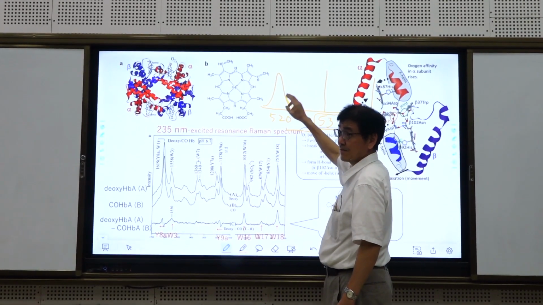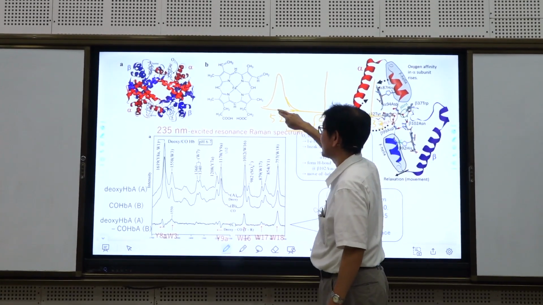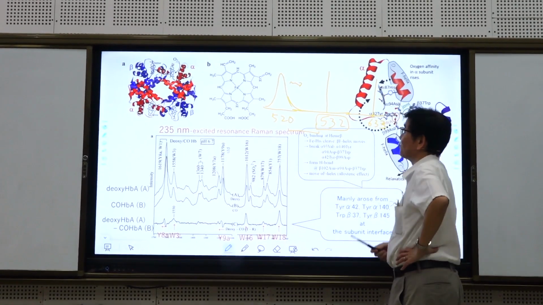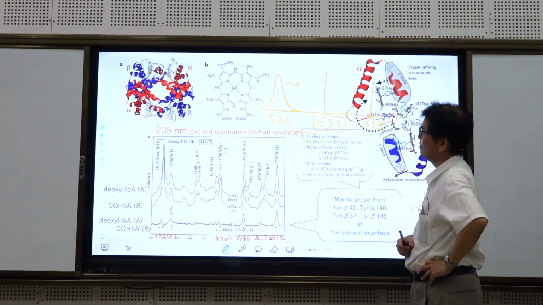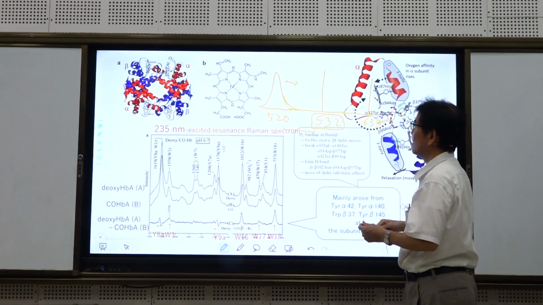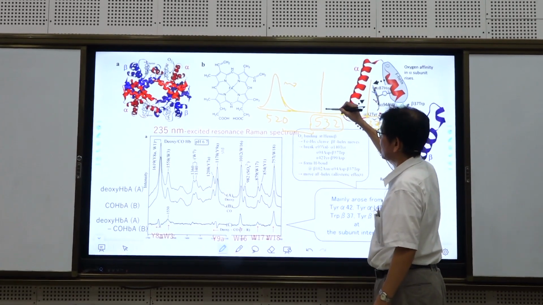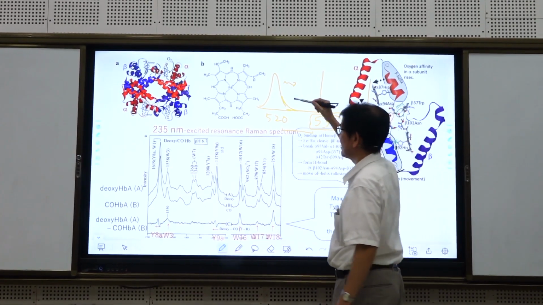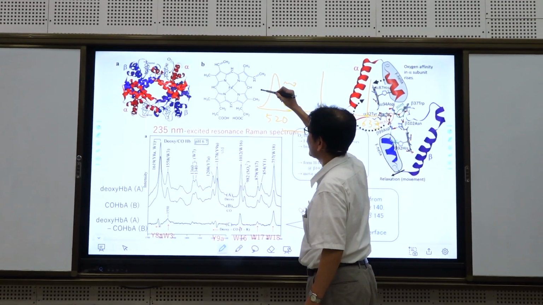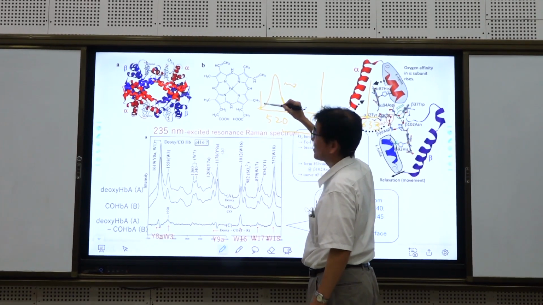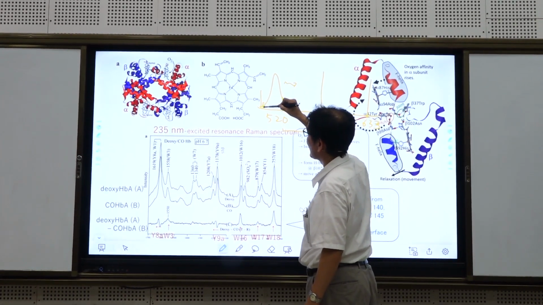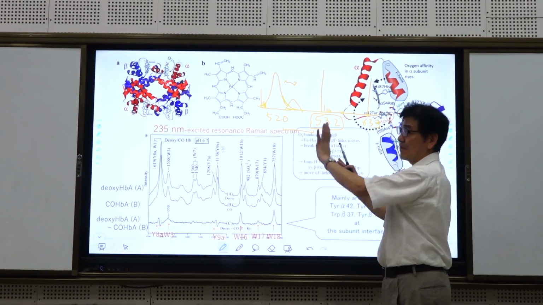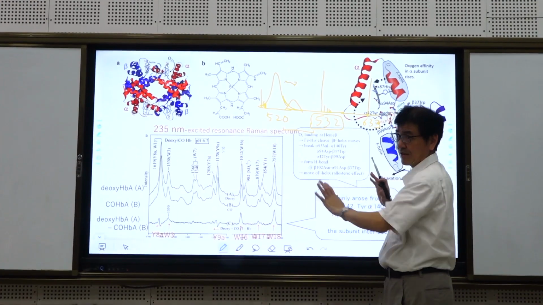This is the absorbance peak, and when you excite here, fluorescence occurs. The Raman scattering is a shift from the excitation wavelength, so if possible, you may choose this side. Then the Raman band is here and the fluorescence is here, so you can separate the Raman signal from fluorescence.